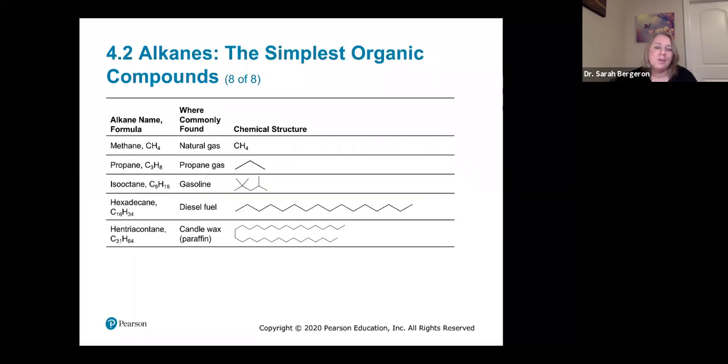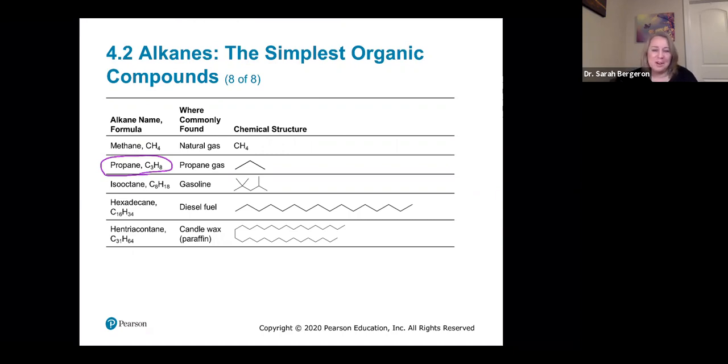Okay, so these are our commonly used alkanes. If you have a barbecue pit, you probably use propane. That's propane gas. Methane is natural gas. Methane, like cow farts, that's CH4.